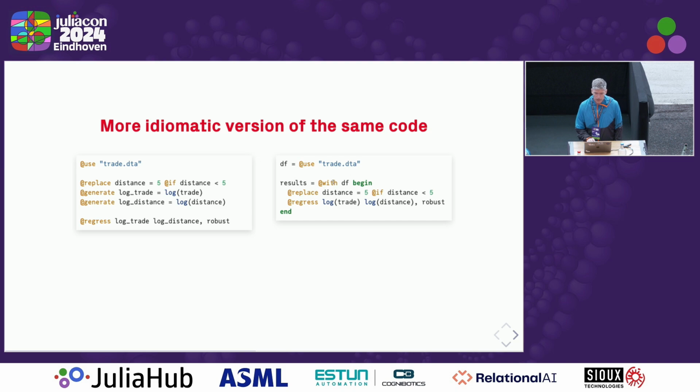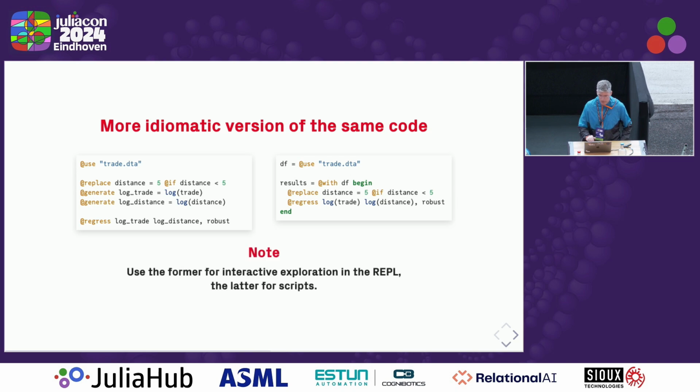Then we have our own WID macro, which is going to ensure that your code does not have side effects in the global scope. So that's a more reproducible way of writing it. And of course, in Julia, we don't need to separately create these columns because the StatsModels formula API allows you to just enter functions in there directly. You don't have to create them as variables first. So that's a nicer way to do it.